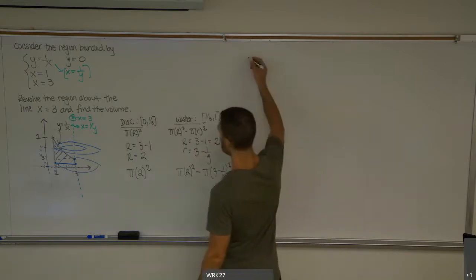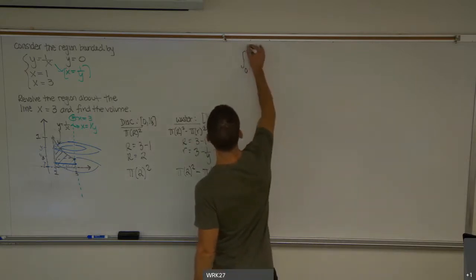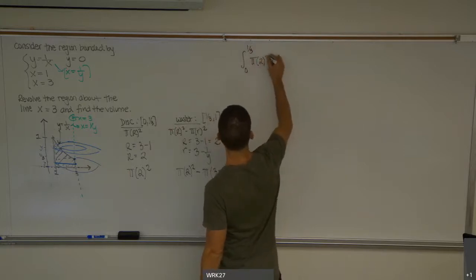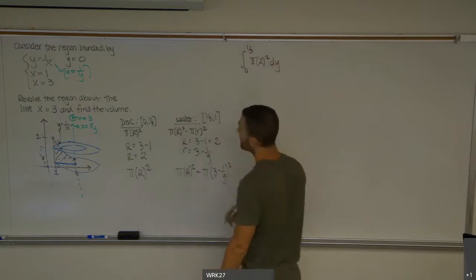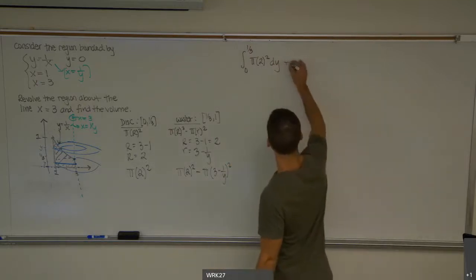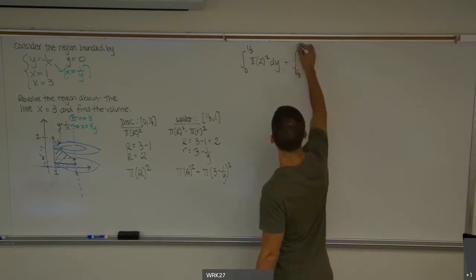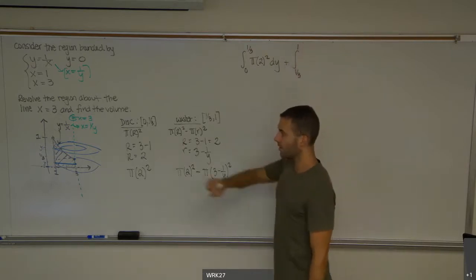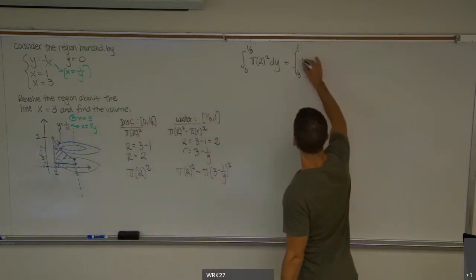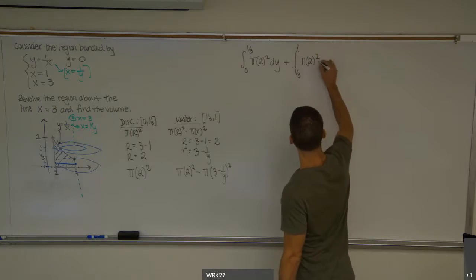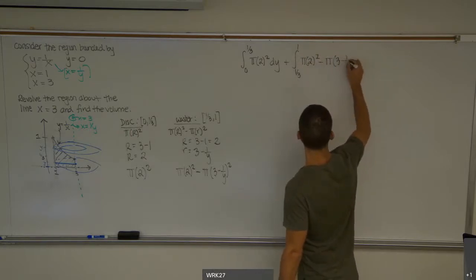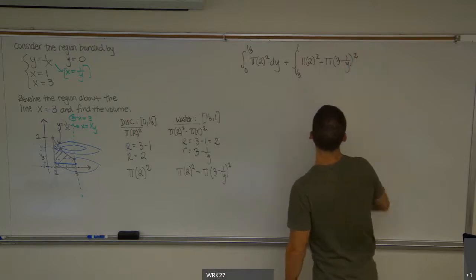And so I'm going to get 2 integrals. I'm going to get the integral from 0 to 1/3 of pi times 2 squared dy, moving along the y-axis from 0 to 1/3, plus, now we'll go from 1/3 to 1. We'll add up the washers for the y values from 1/3 to 1. And the area of those washers is pi times 2 squared minus pi times 3 minus 1 over y squared, dy.